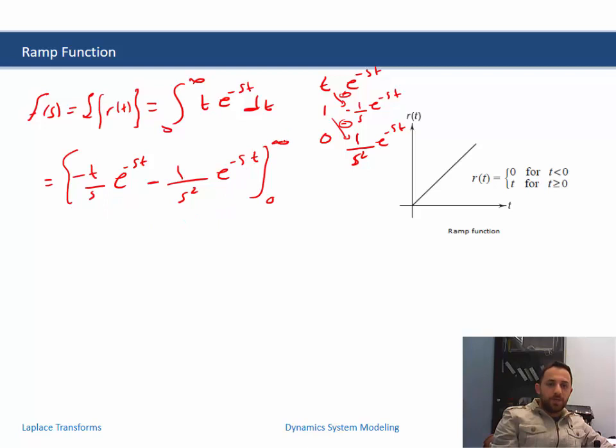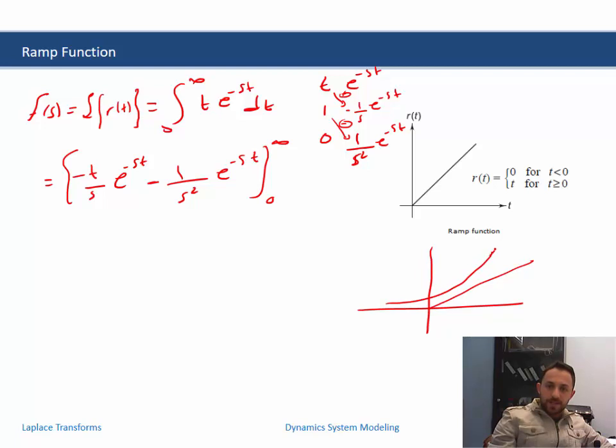Alright, now if we substitute the infinity at this component, then we have minus infinity multiplied by e power minus infinity, which turns out infinity multiplied by 0, which is indeterminate. So we have an exponential term, and we have a linear function t.